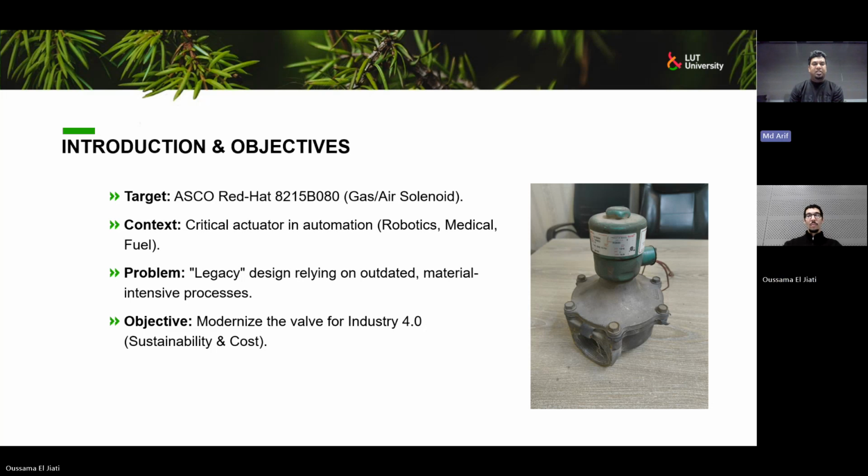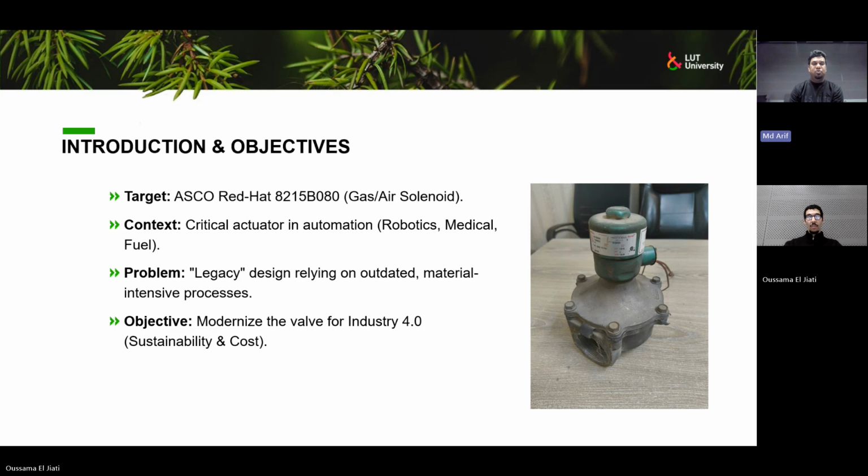In slide 3, first a quick context. Our target component is the ASCO Red Hat 8215 B080, which is commonly used for gas and air control. Solenoid valves like these are critical actuators in many automation areas such as robotics, medical systems, fuel and pneumatic systems, and power generation, because they convert electrical input into controlled mechanical flow.